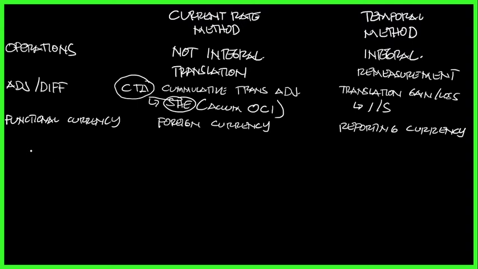In the current rate method, starting with the income statement na lang. In the income statement, you have two items here, right? You have here your revenue and you have here your expenses.